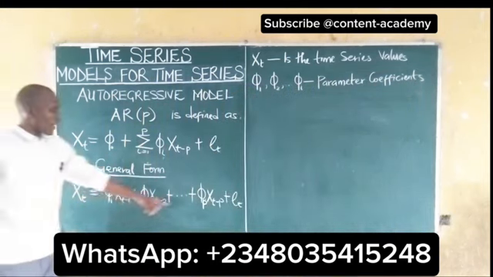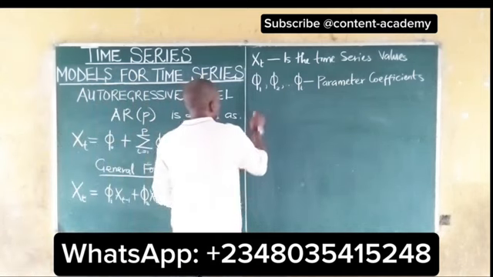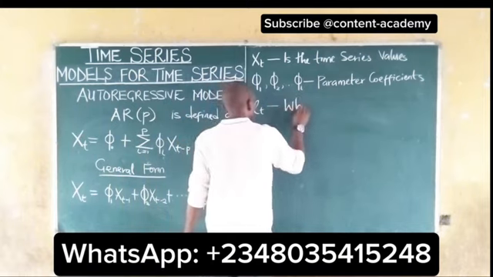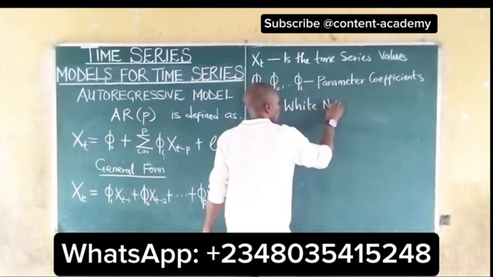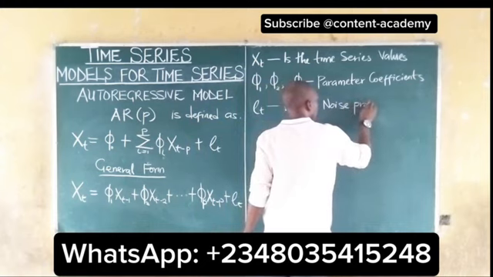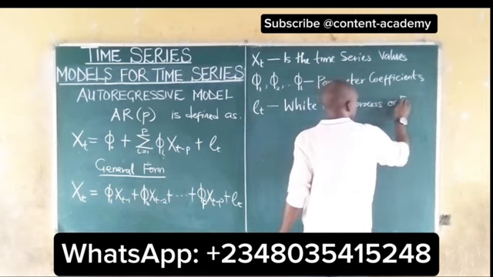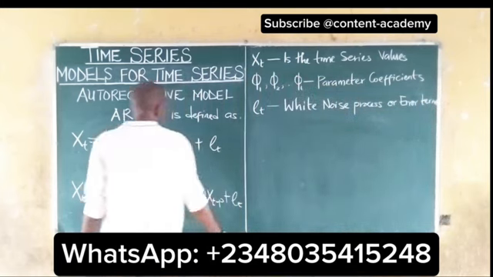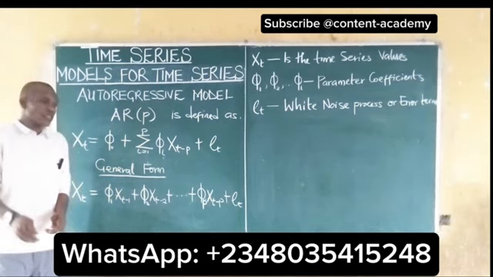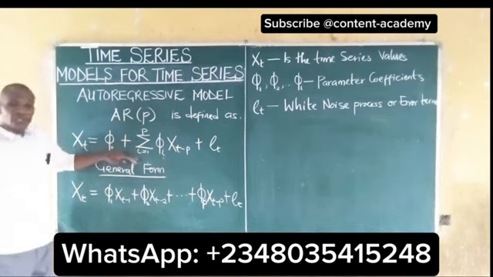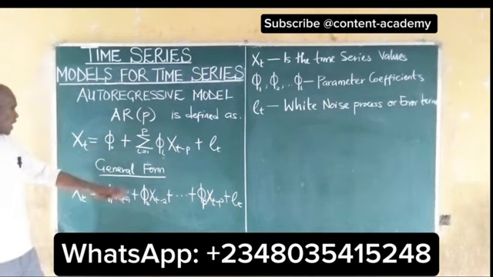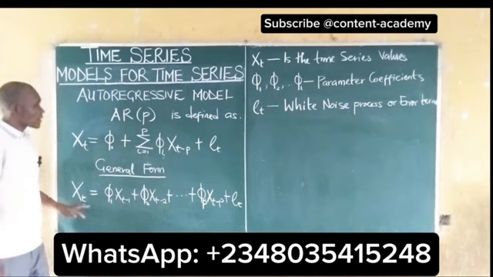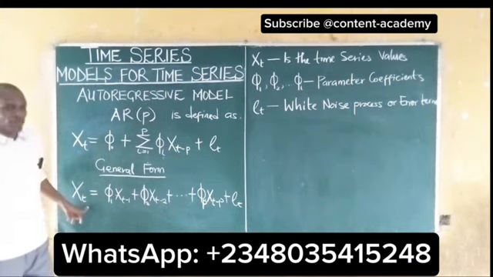Also, we have our error term, the e_t, which is known as the white noise process, or you can call it the error term. So this is the autoregressive model, the general form, and I've also defined the parameters.